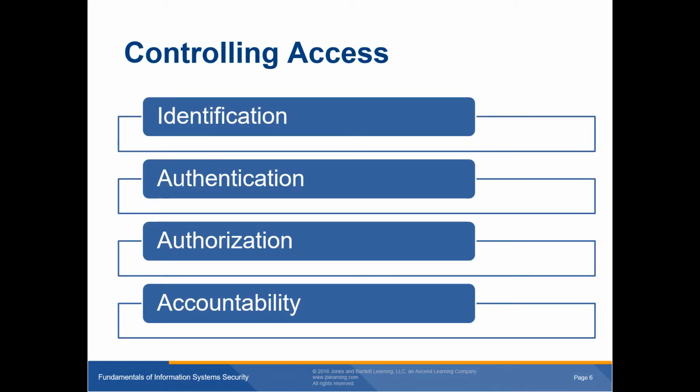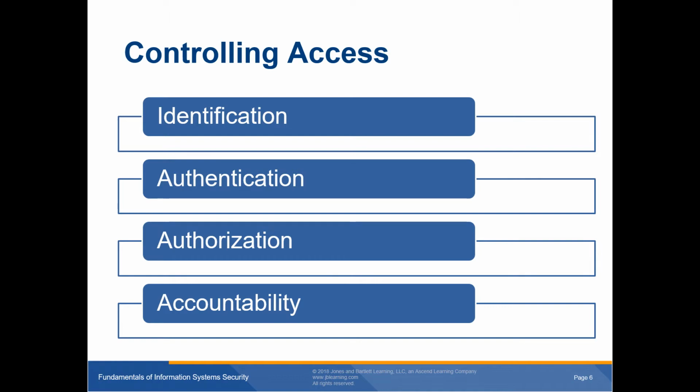Controlling access. Identification. These are assertions made by users about who they are. Authentication is the proving of that assertion. Today it's usually by user ID and password, but it also could be by two-factor authentication, which would be, for example, getting a text message on your smartphone before you can actually log into a site.